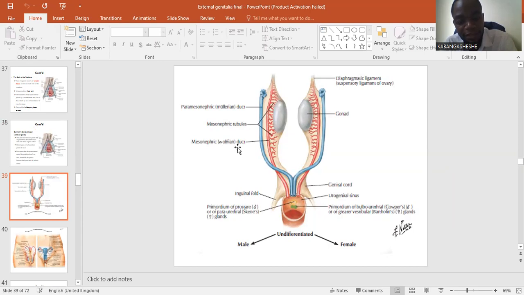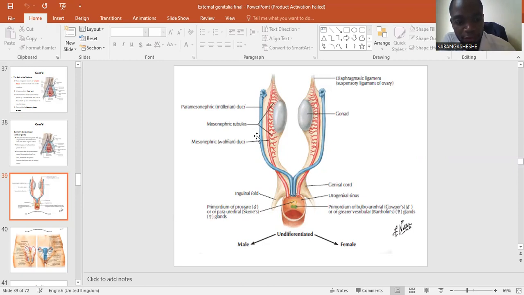Now, depending on the genetic makeup, whether you have X and X or X and Y, one of the ducts will die to allow the other duct to dominate and therefore define the gender of this human being. For example, if this is male, the blue duct, which is a Mullerian duct, will degenerate.